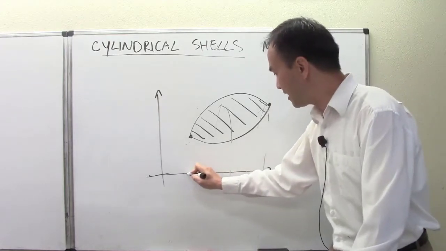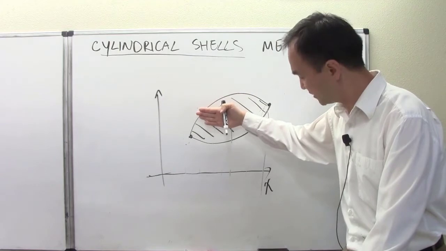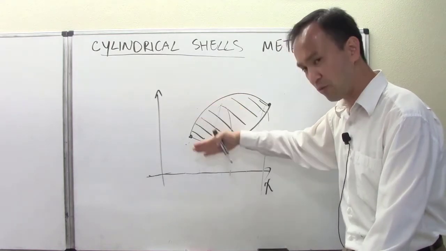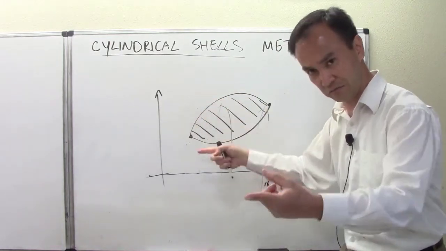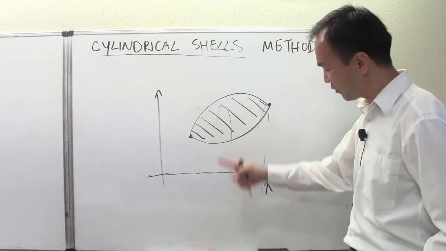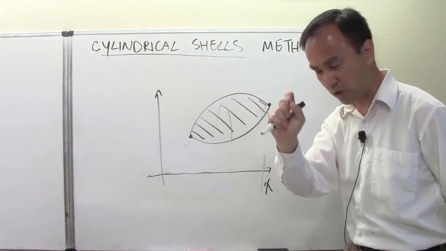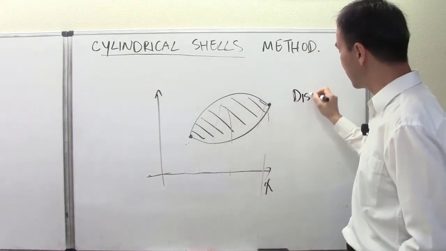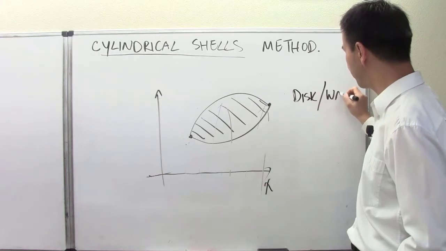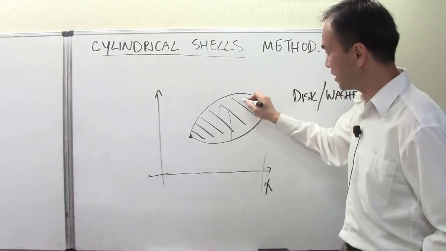Let's say in this case, if we are rotating this known, enclosed region, which is enclosed between curves or graphs, around the x-axis, then the fundamental idea of the disc or washer method is that we're going to create a stripe.